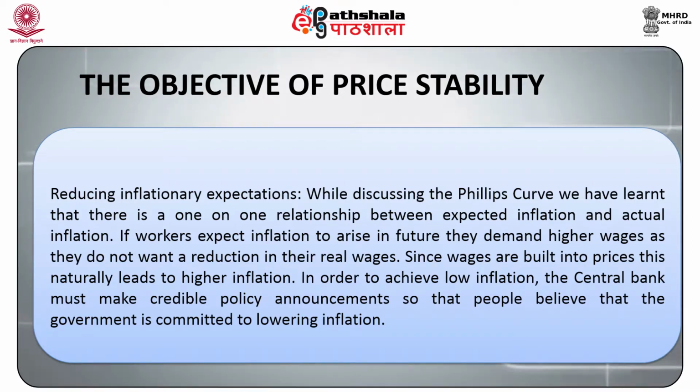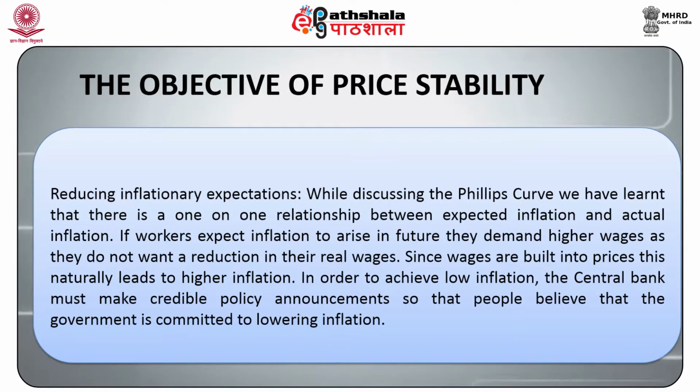While discussing the Phillips curve, we have learnt that there is a one-on-one relationship between expected inflation and actual inflation. If workers expect inflation to rise in future, they demand higher wages as they do not want a reduction in their real wages. Since wages are built into prices, this naturally leads to higher inflation.